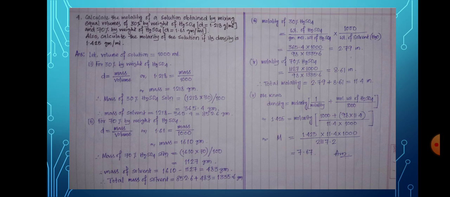After substituting the values we already got from the calculations, the molarity of the solution equals 7.67 molar, whose density is 1.425 gram per ml.